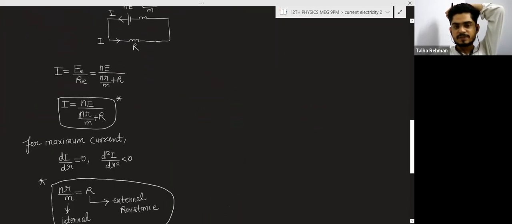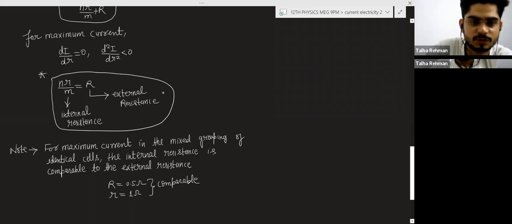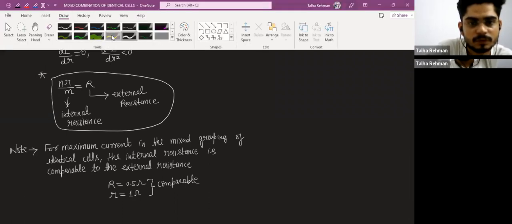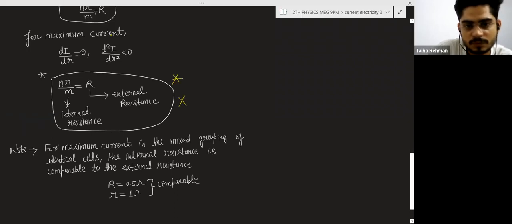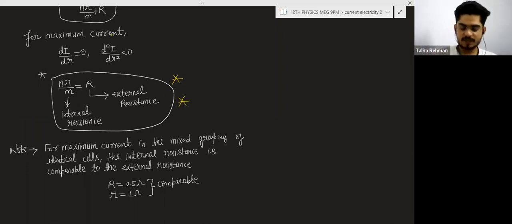So we have seen that in the mixed grouping of cells, the current is this, and this is the most important thing in the mixed grouping. Why is this most important? Because the examiner can ask you what is the condition for the maximum current in the mixed grouping of identical cells.